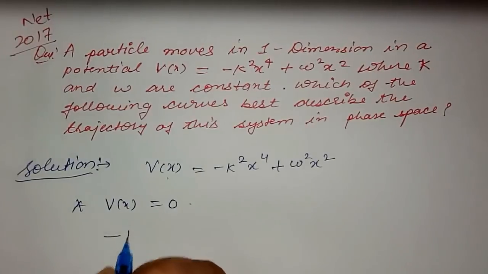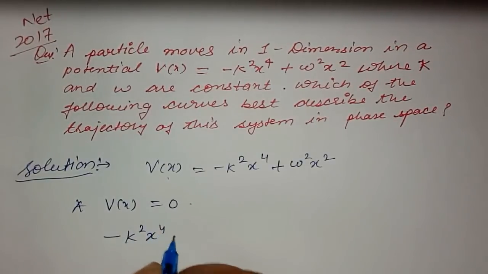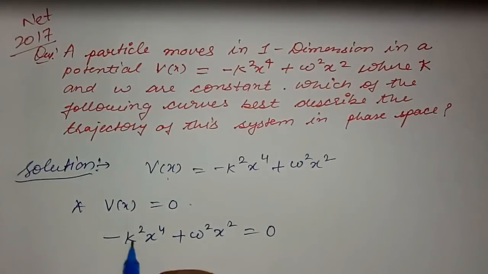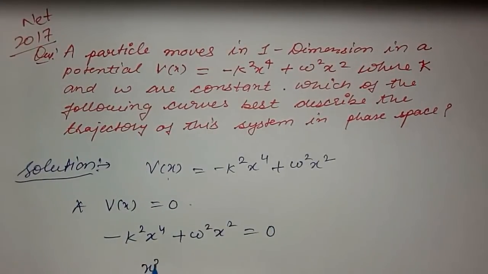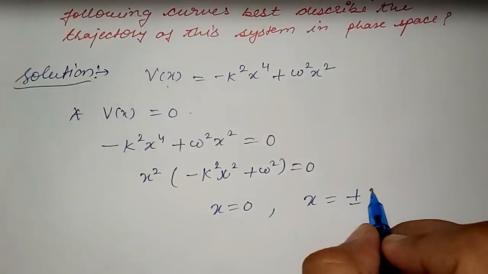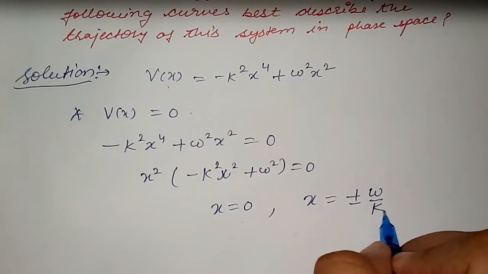The value of minus k square x to the power 4 plus omega square x square equal to 0. So x square is common from here, and minus k square x square plus omega square equal to 0. x equal to 0 and x equal to plus minus omega upon k.